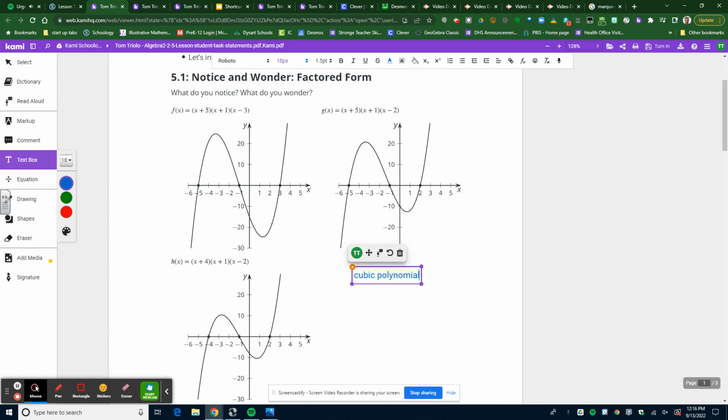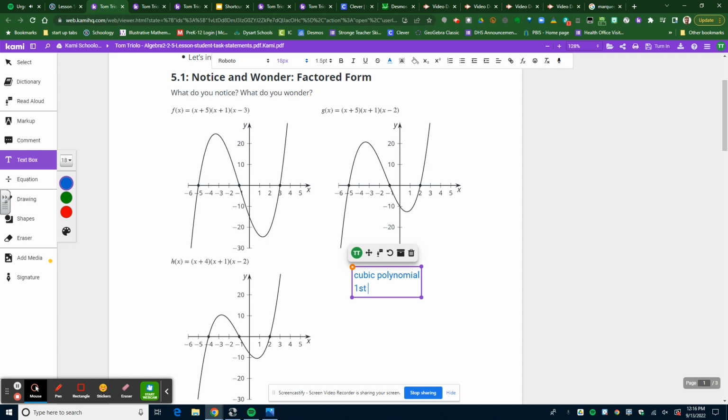What else do they have in common? So they all have the same shape, but they're not exactly the same. That would be boring. What's different about them? They have different intercepts. They don't all have different intercepts, but the first one and the second one have two intercepts that are the same.